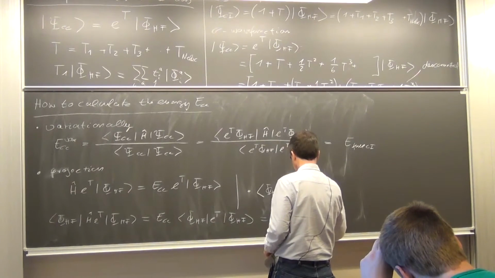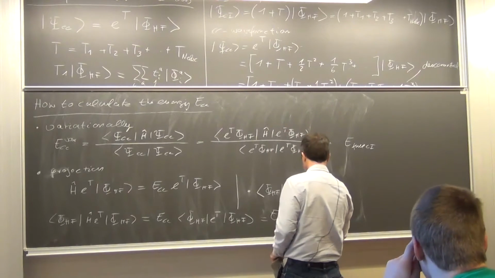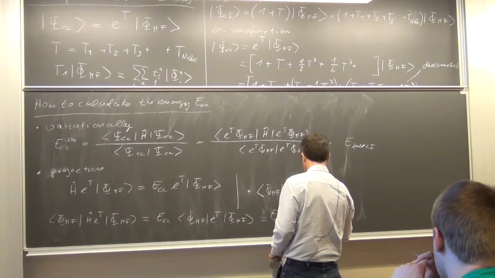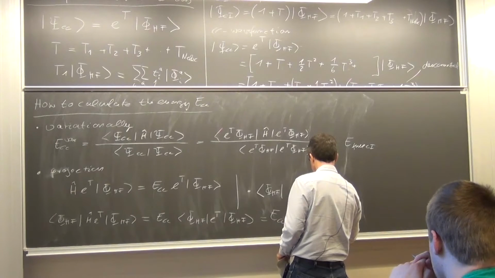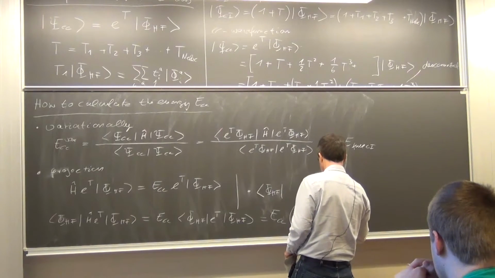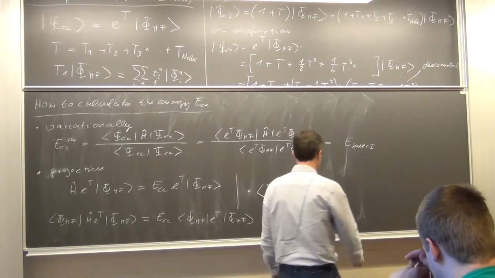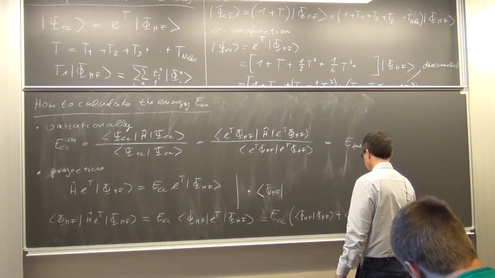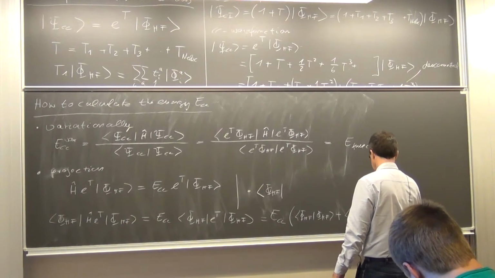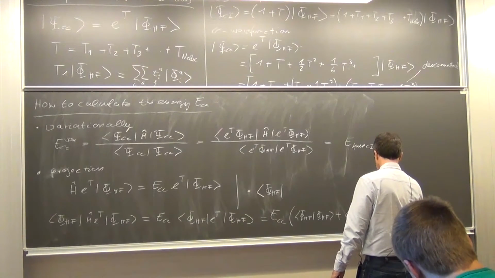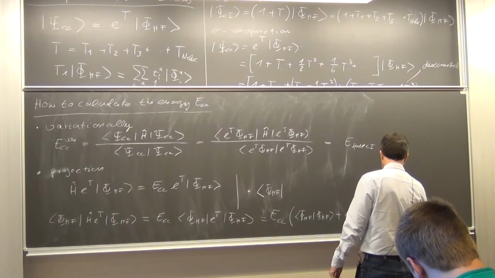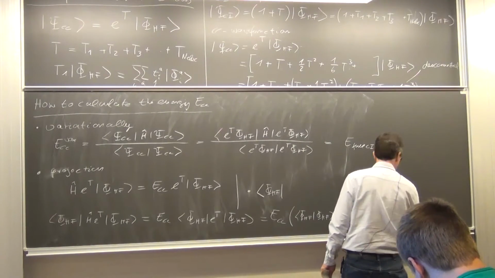Yeah, so I get, the first one is 1, which means I get phi Hartree-Fock times phi Hartree-Fock plus, and then I get phi Hartree-Fock, I get T phi Hartree-Fock and several more terms which are powers of T.